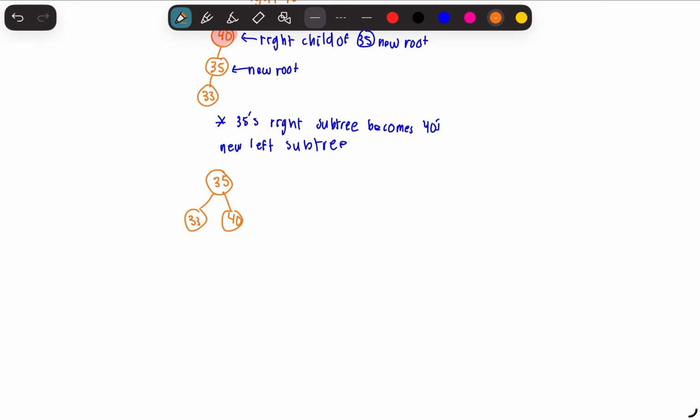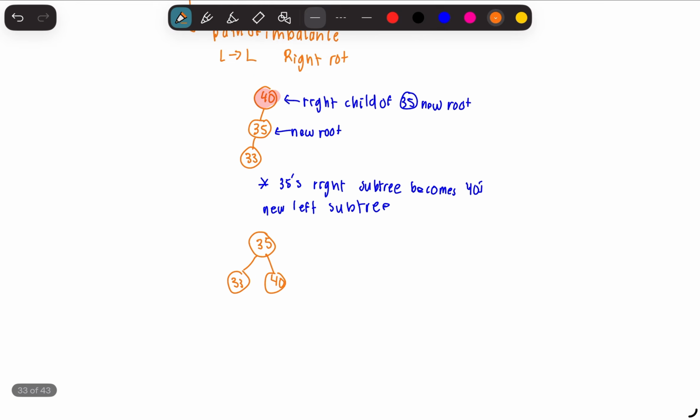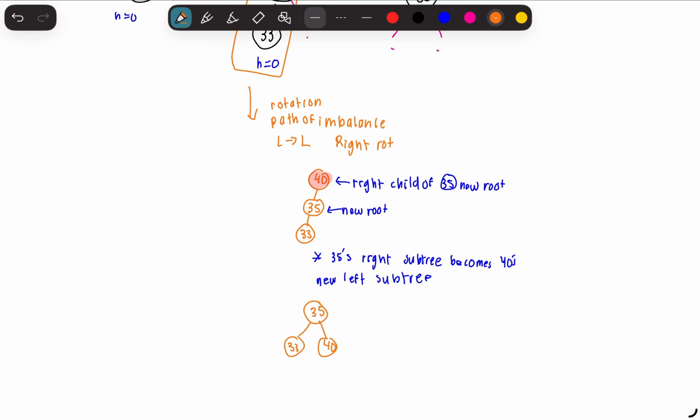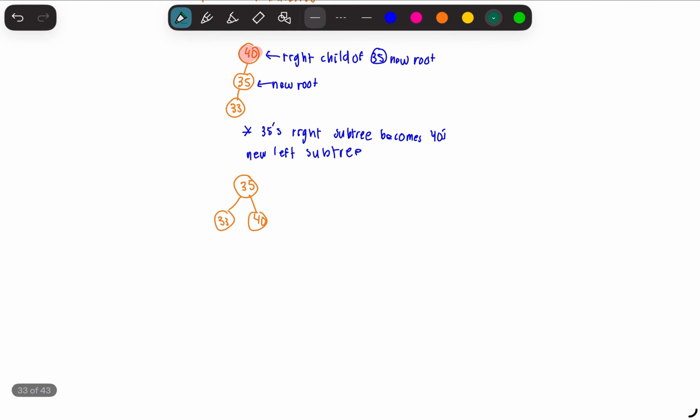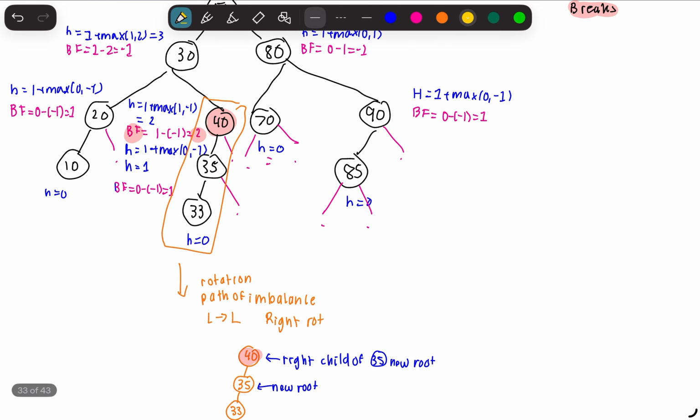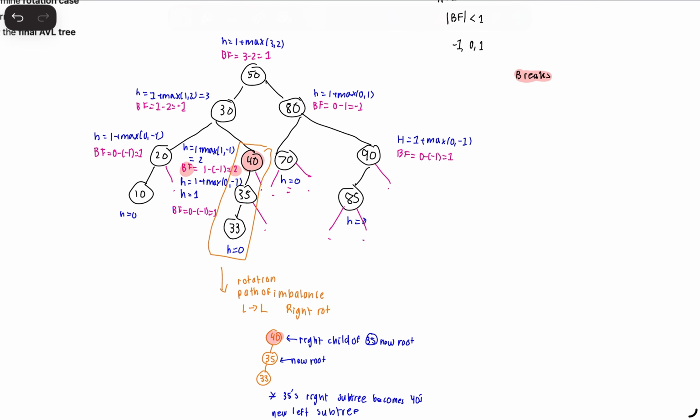So now you have to reattach it to the parent. So let's take our tree and reattach it.